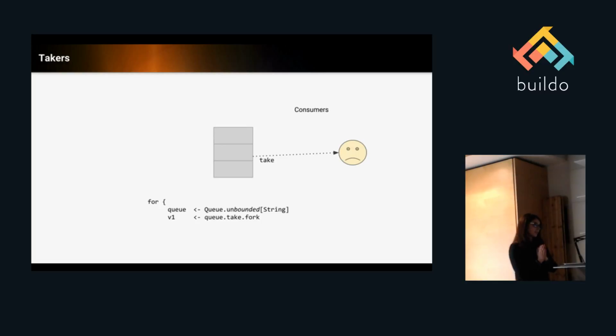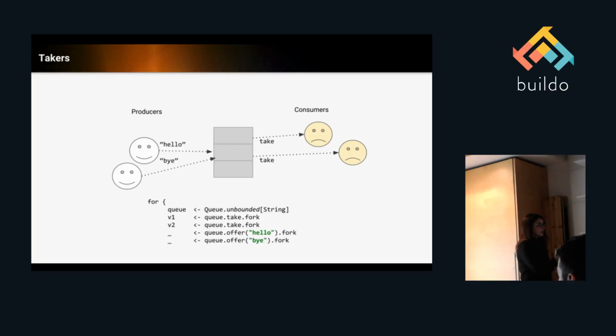For example, we have an unbounded queue, we have concurrent consumers that want to take values from the queue, and they will be suspended until a new value is offered in the queue, and then they will take the values right away. So this is how the consumers in ZIO will work when you use any strategy of queue.